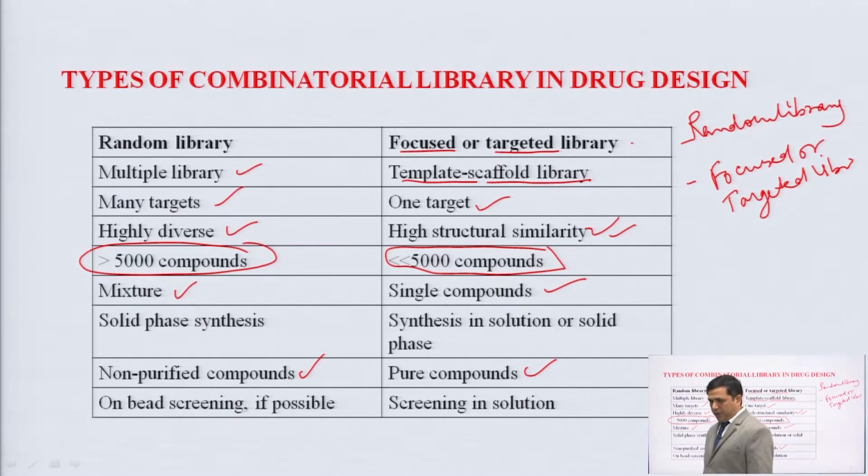So, our main aim is to produce the focused or targeted libraries, which is possible with the help of combinatorial chemistry.